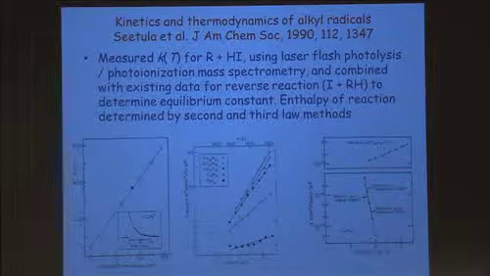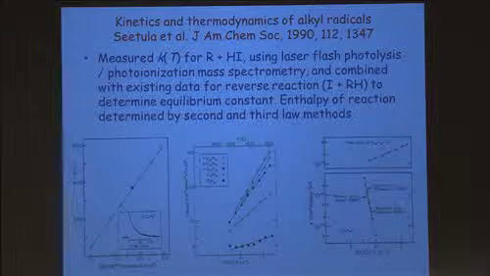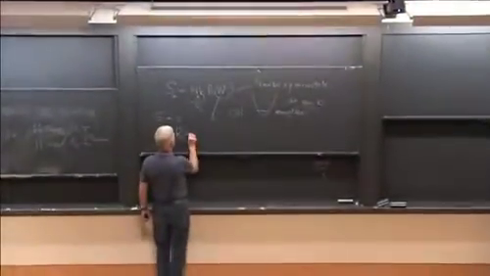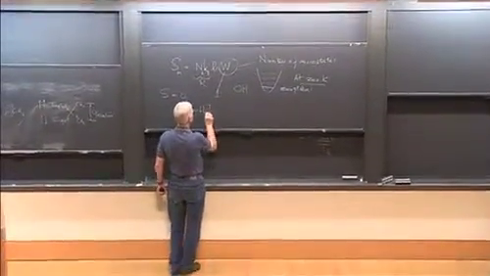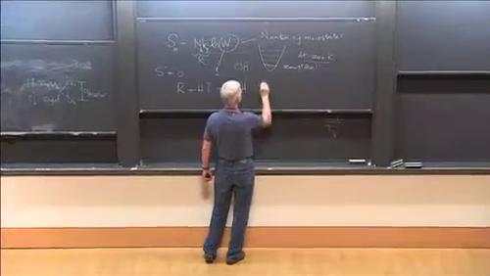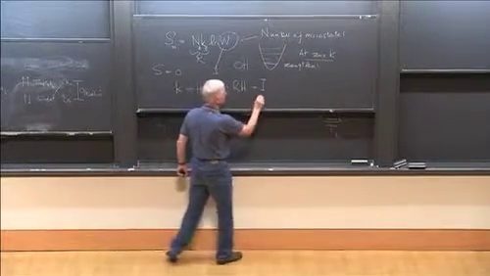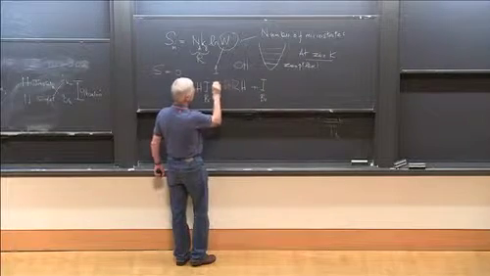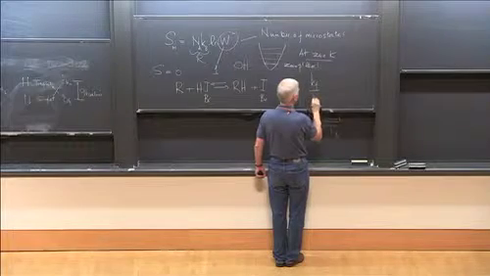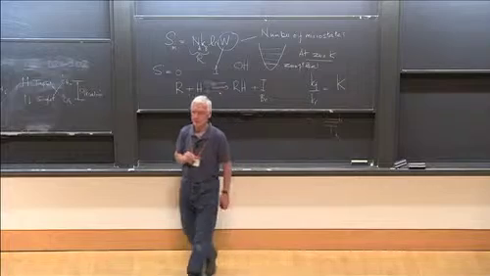And what they're doing here is looking at two reactions, R plus HI forming RH plus I, or it could be HBr, and the reverse reaction. And so they measure the forward rate coefficient and the reverse rate coefficient, and that's equal to the equilibrium constant.